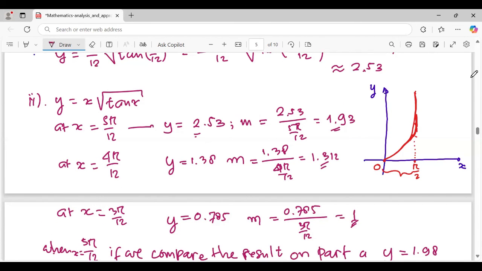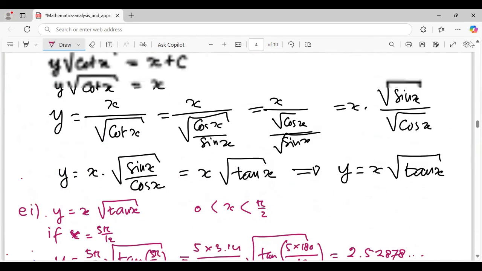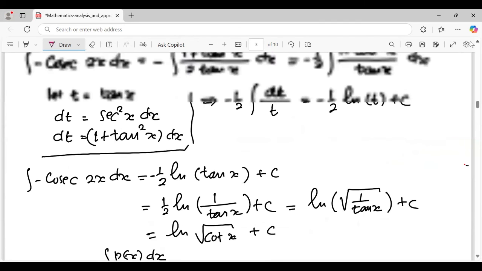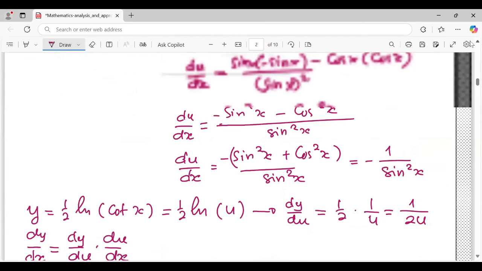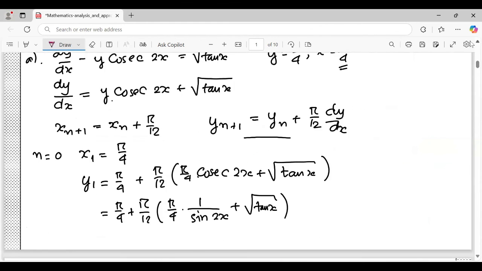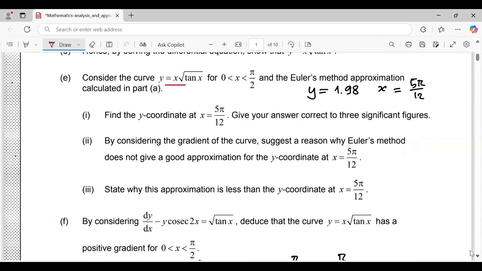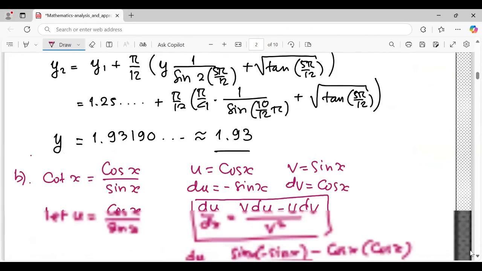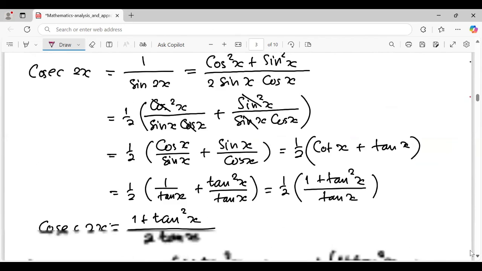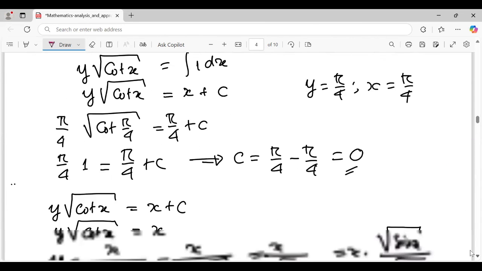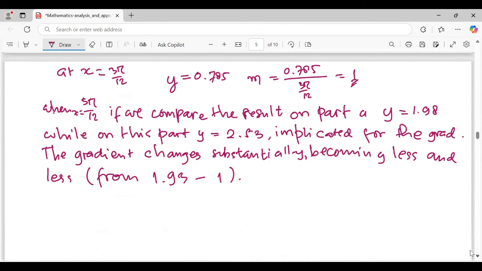Next. This is part 2 and then part 3. The question: State why this approximation is less than the y coordinate at x equals 5 pi over 12. Okay.